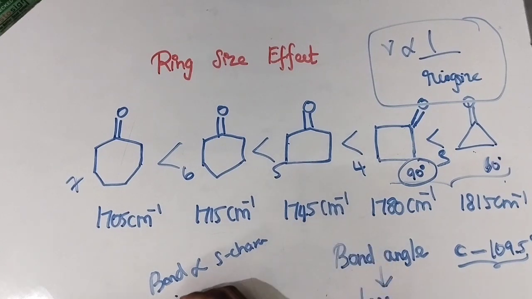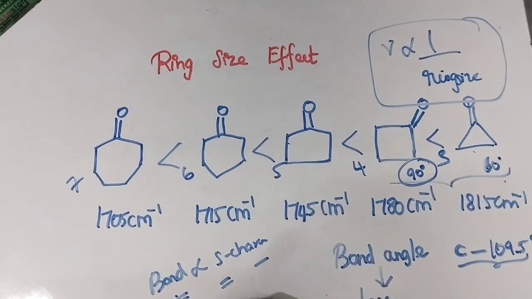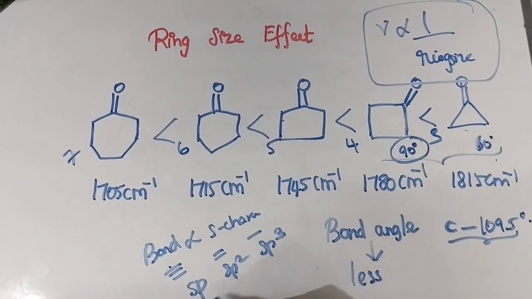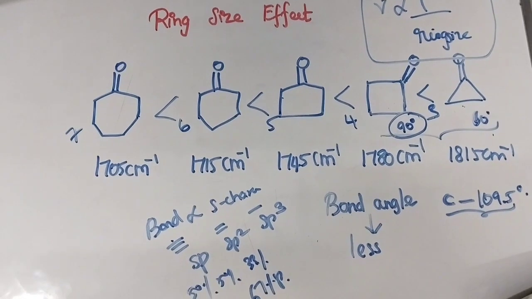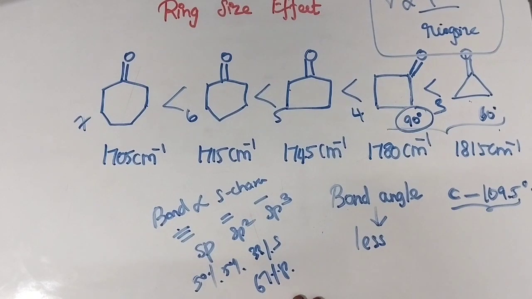For example, if you have triple bond, double bond and single bond: triple bond means sp, here it is sp2, here it is sp3. With sp, there is 50% S character and 50% p character, but here 33% S character and 67% p character.